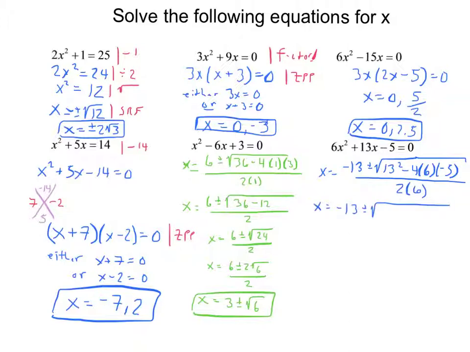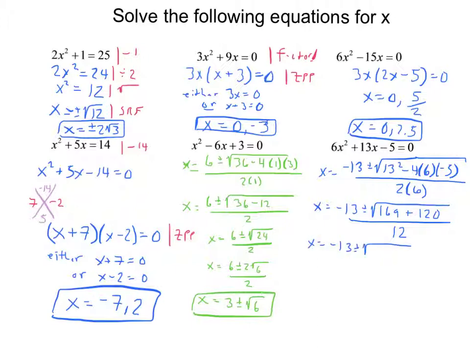Cleaning up the inside there, we get 169. Now I'm looking at the minus here and the negative over there, so that tells me that this is going to be 169 plus 6 times 5 is 30, and that times 4 is 120, and this is all over 12. Not looking all that nice.